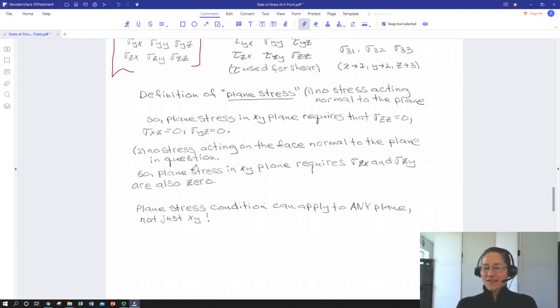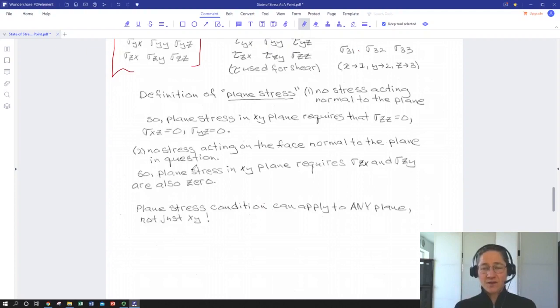When do we encounter this in practice? Thin sections. So thin wall tubes, surfaces of materials, because at the surface there's nothing to touch it to apply a stress unless there's a big pressure differential. Free surfaces are by definition in plane stress.